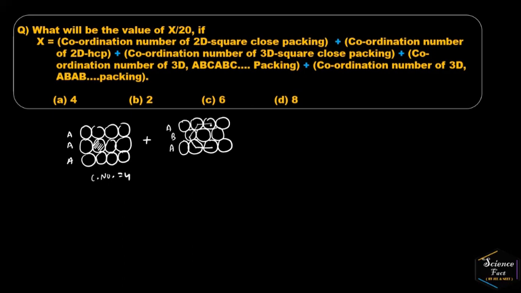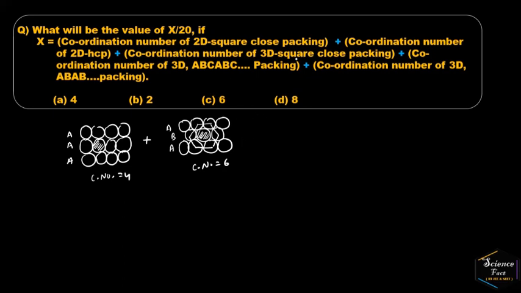The central atom has a coordination number equal to 6, because only 6 atoms are touching this central atom. That is why the coordination number should be 6.